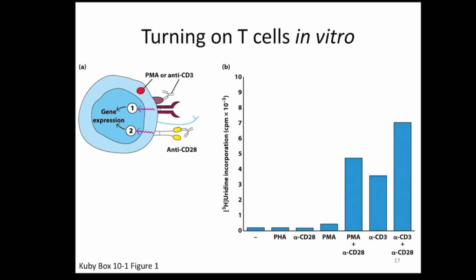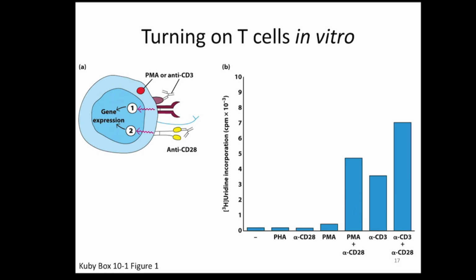So in fact, you have to give the cell something to trigger signal 1 and something to trigger signal 2. Oftentimes, we either use a chemical signal 1 or we use an antibody that hits CD3 to give it a signal. It fakes the cell out into thinking it's getting a CD3 signal using this antibody. And we can use the same kind of thing with an anti-CD28 antibody to fake the cell out.